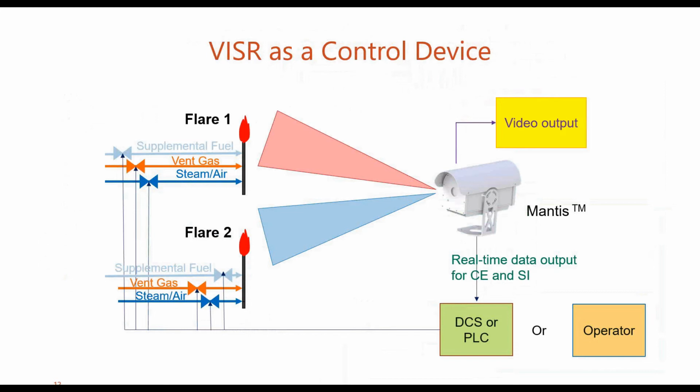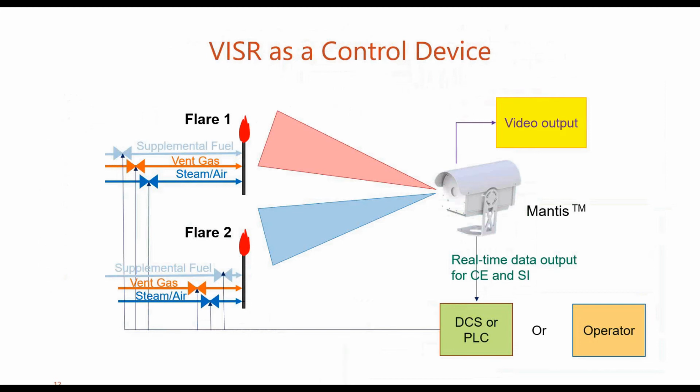So this can feed control back to your DCS, tell you how well your flare is burning, whether you have any visible emissions, and that data can be used to put into closed loop control to control your supplemental fuel, your process stream, your supplemental steam or air, and operate the flare at what's known as the incipient smoke point, which is where you get the best combustion efficiency, but without any visible emissions, and do it in a control loop without the need for your operator to monitor it.